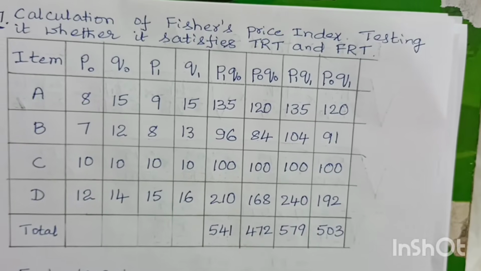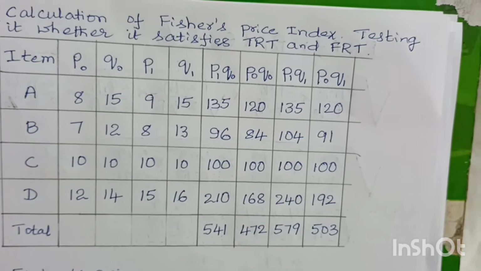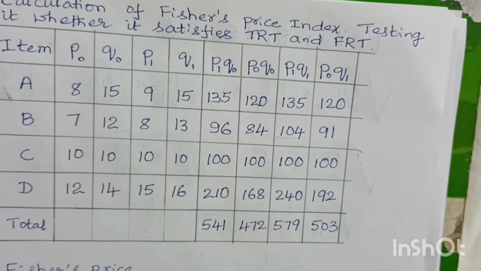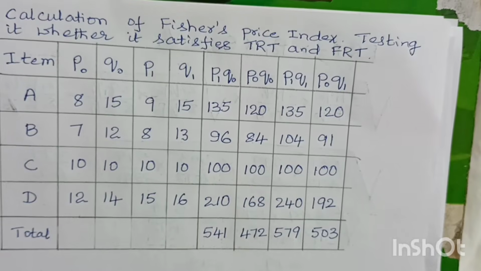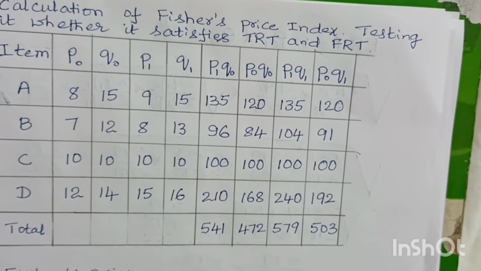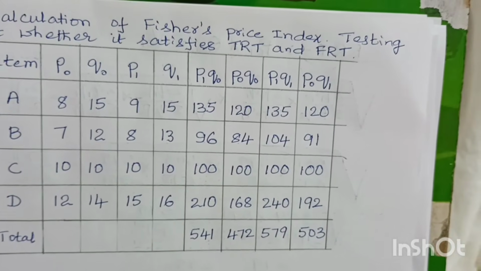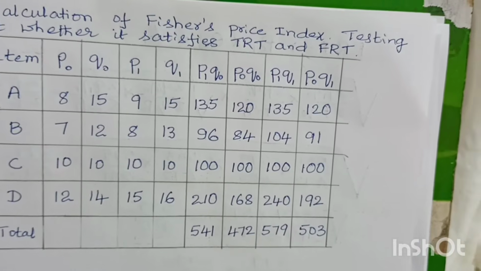P1 Q naught, for example here, P1 is 9 and Q naught is 15. 15 into 9, 135. Like that, 12 into 8, 96. 10 into 10, 100. 14 into 15, 210. So like that, calculate all the products P1 Q naught and P naught Q naught.